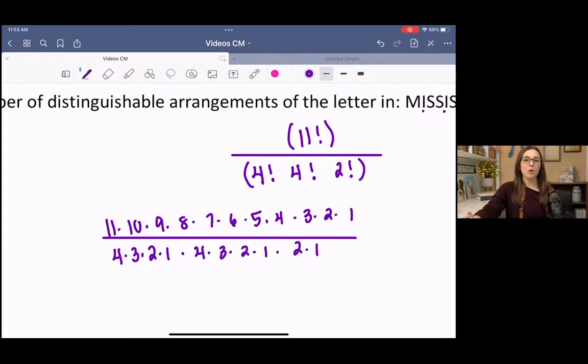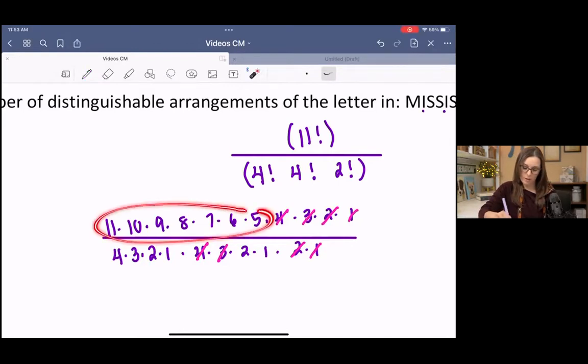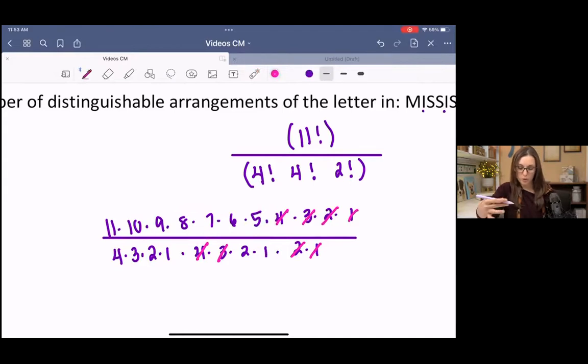And now we can go about simplifying. And it's all multiplication in the top, all multiplication in the bottom. So now we can start dividing these factors that repeat. So those are gone. And then we can start reducing if you want to. I mean, you could multiply all of this and multiply whatever's left over down here, or we could reduce further.